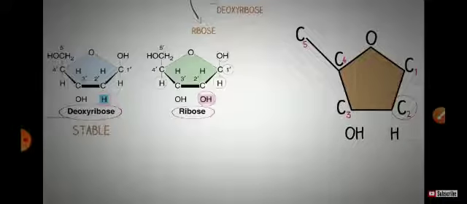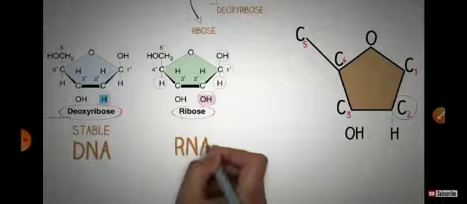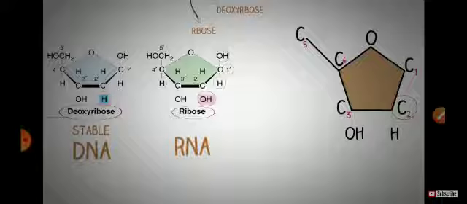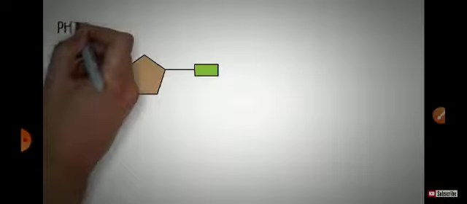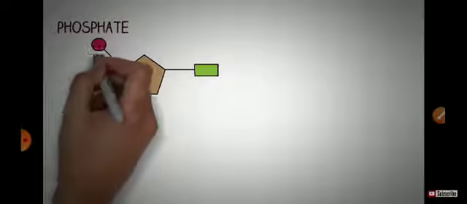Thus, deoxyribose is more stable because of fewer functional groups, and thus DNA is more stable in comparison to that of the RNA because it comprises of the deoxyribose sugar, where deoxy refers to removal of oxygen from the 2nd carbon atom. Now talking about the phosphate group.